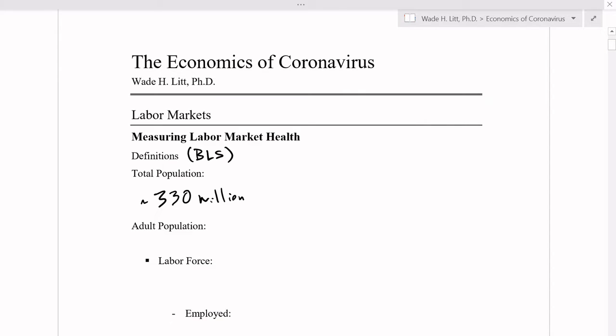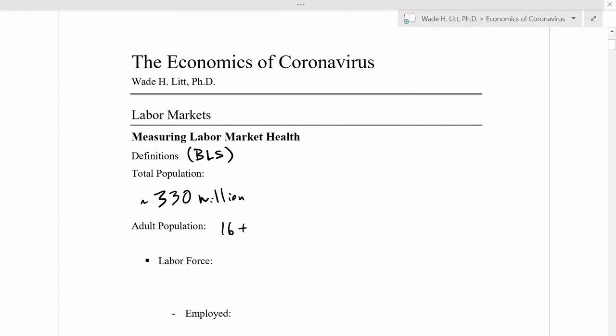But moving on to the labor force definitions, the adult population is everybody 16 and older, non-institutional population. The adult population is defined as individuals above 16 years in age.